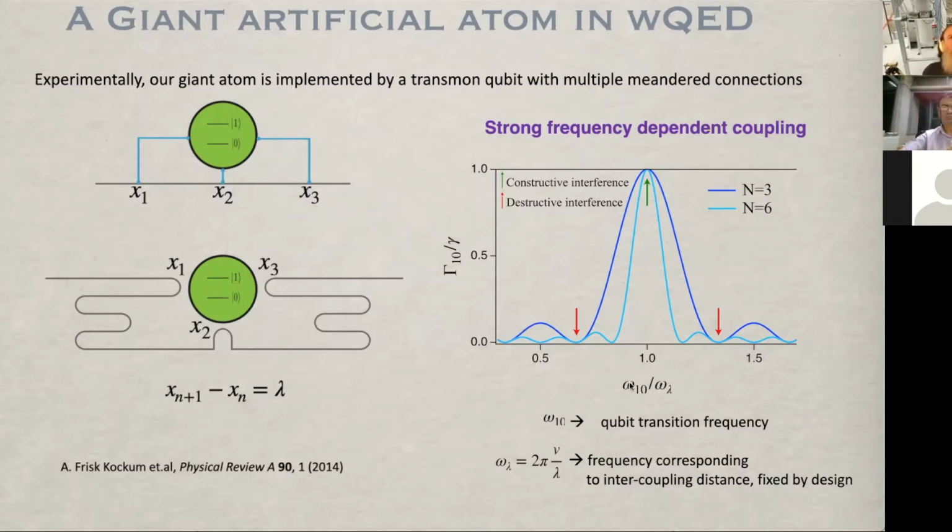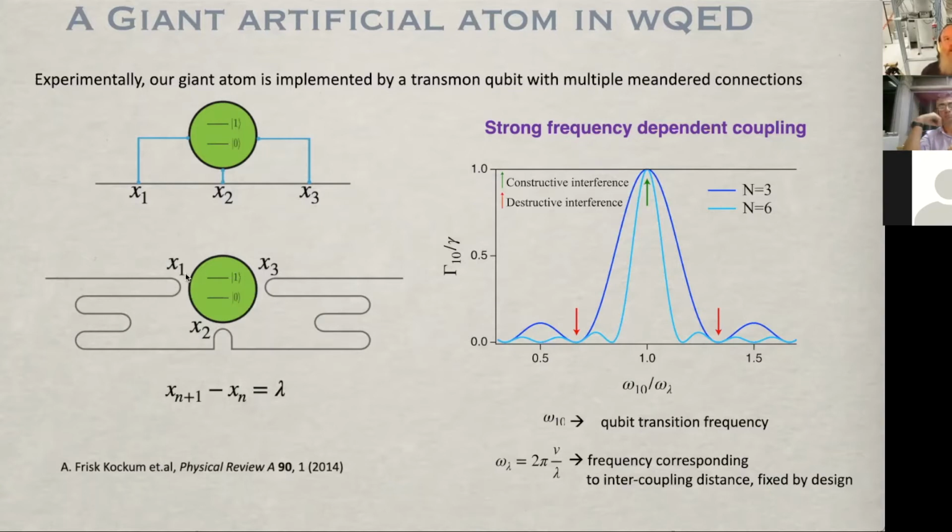Hi, Chris, can you hear me? Sure. Yes. So at each point, like x1, x2, and x3, are the Hamiltonians you consider within the dipole approximation? Like at each point, the two-level system coupling with the photon? Yes, I think so.